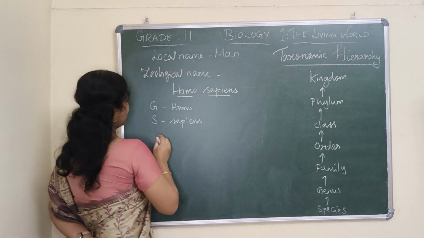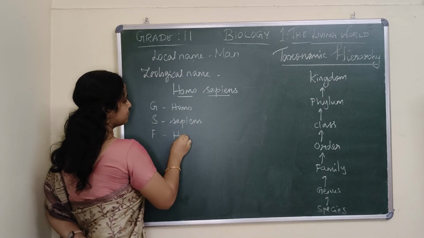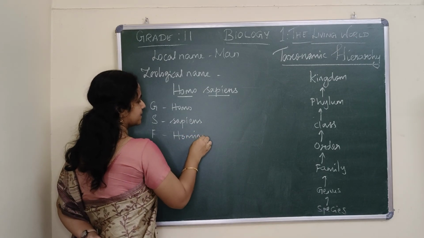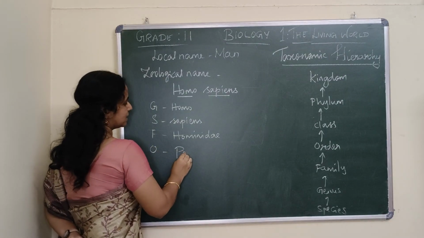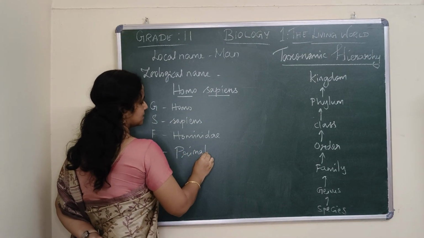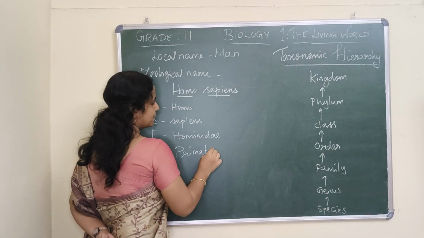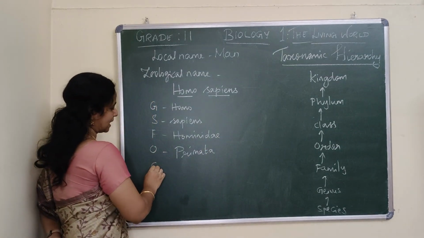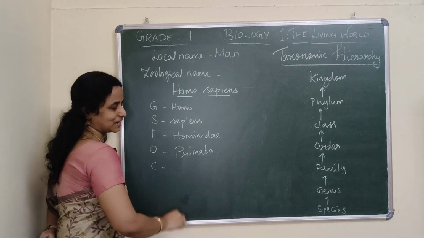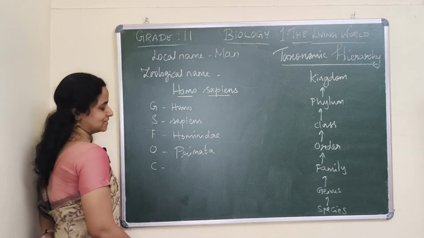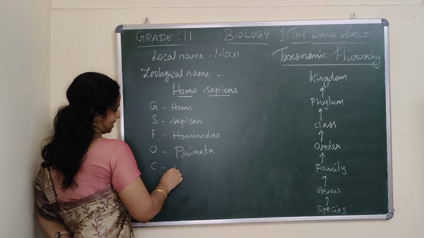Then we have family. We come under the family Hominidae. Then we have order. We come under Primata, or primates. Then class. I gave you an example. What is that? Class Mammalia.